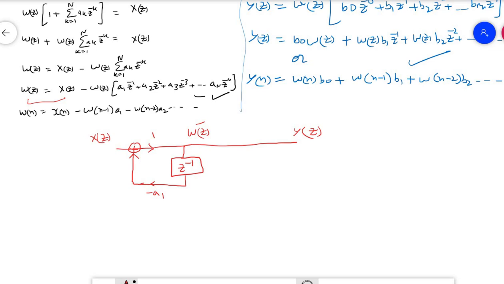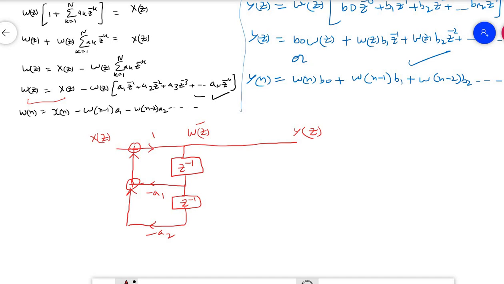Now my next part is one more z^-1 that changes into z^-2, and again feedback minus a2, place an adder here and find the output till the value of an.